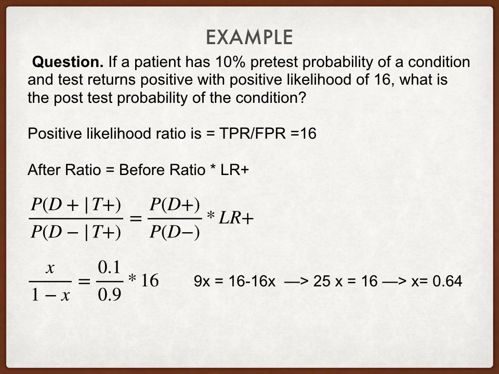It's the complement of the numerator. So 0.9 is the probability of the condition not existing, multiplied by the positive likelihood ratio, 16. If we solve this equation here, we get x equal to 0.64.